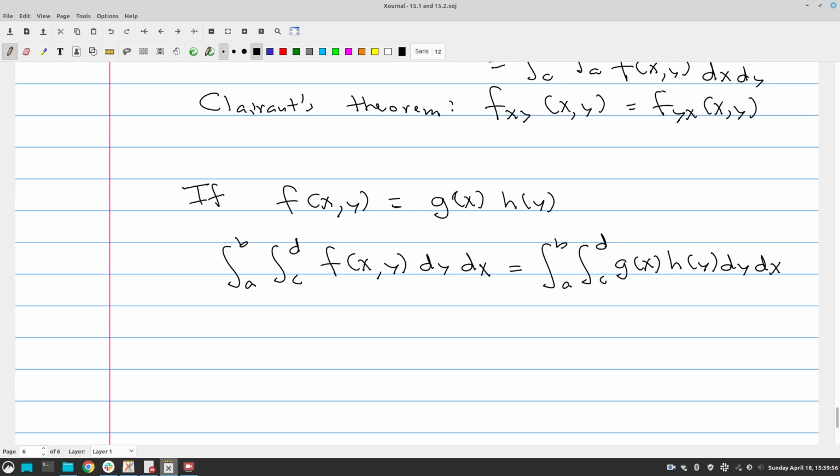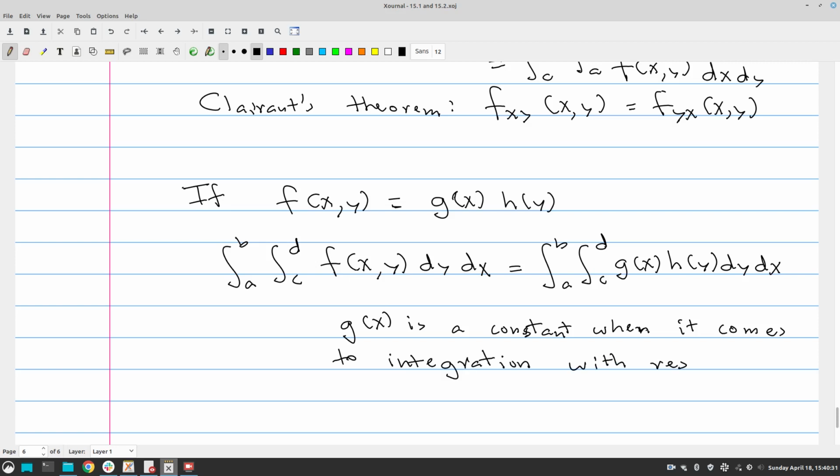Now g of x is a constant when it comes to integration with respect to y.